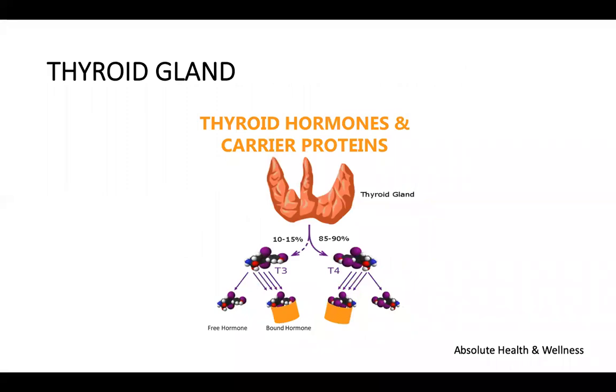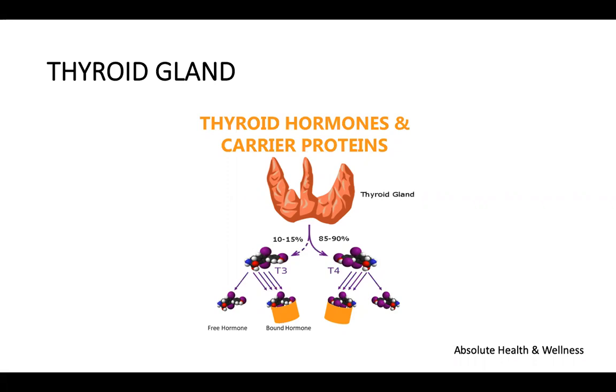So it's important to understand that most of the hormone that's released is T4, and T4 is 85 to 90% of the hormone released from the thyroid gland. Now, most of that is bound to thyroid binding globulin, and only a small percentage is free.